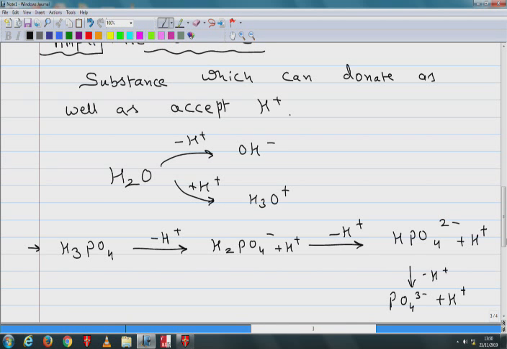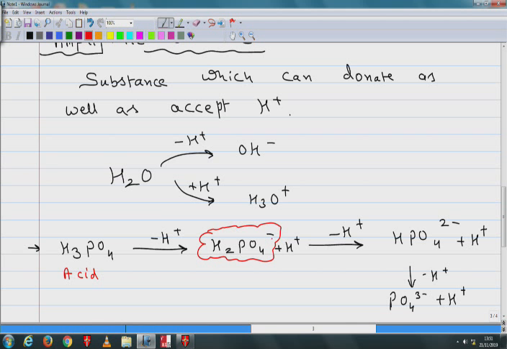After doing that, just confirm once. Okay, so let's start. H3PO4 has the ability to donate H plus only, so this is simply the acid. But check out this one, H2PO4 minus.